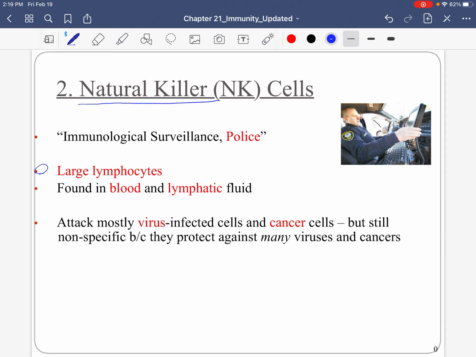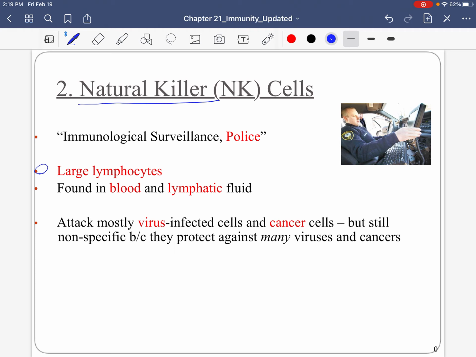They're a large lymphocyte. They are found both in the blood and lymphatic fluid. We just talked about the lymphatic system. In addition to being able to protect against bad things in the blood, we better be able to detect bad things in the lymphatic vessels, which we rely on the lymph nodes for, but also we rely on these NK cells.